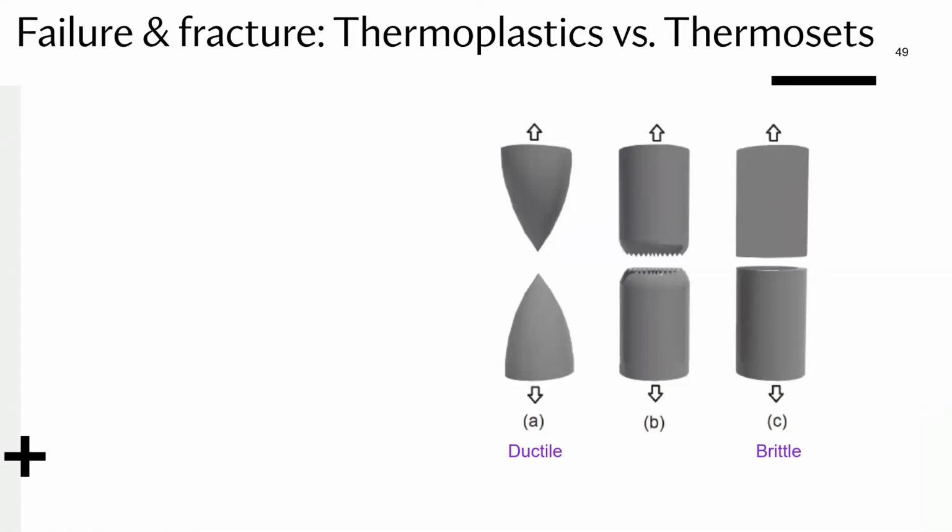So this corresponds to the same plots that we saw earlier in the previous lectures. Some materials actually have a brittle failure, and some have a ductile mode of failure. In the brittle case, as we've seen before, you have a stress strain curve that actually just goes up, up, up until it fails, and it doesn't actually go through that necking step.